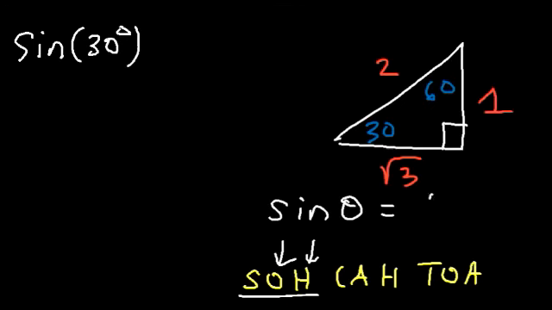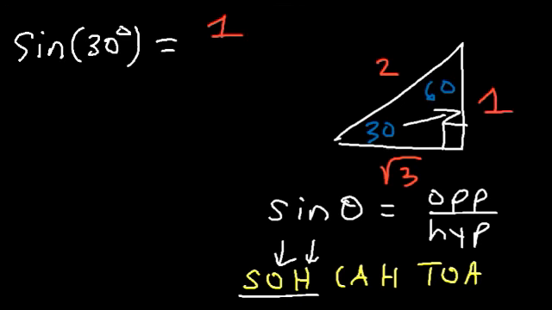So sine theta is opposite divided by hypotenuse. So we're looking for sine 30. Opposite to 30 is 1. So 1 is opposite to it, 2 is the hypotenuse, root 3 is adjacent to 30. So sine 30 is opposite, which is 1, divided by the hypotenuse, which is 2. So sine 30 is a half.